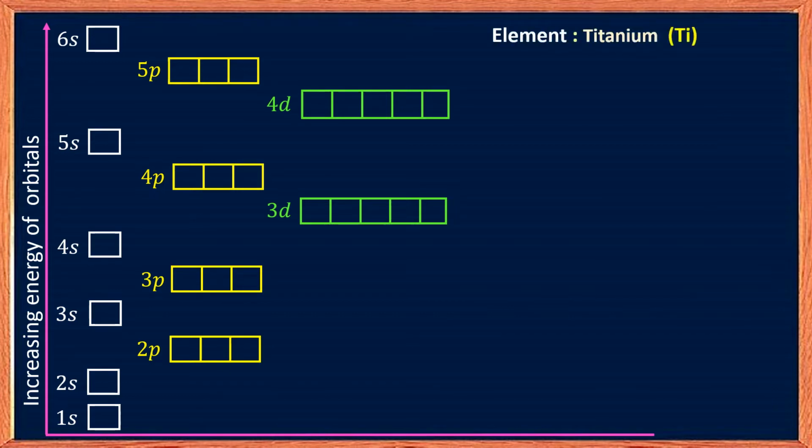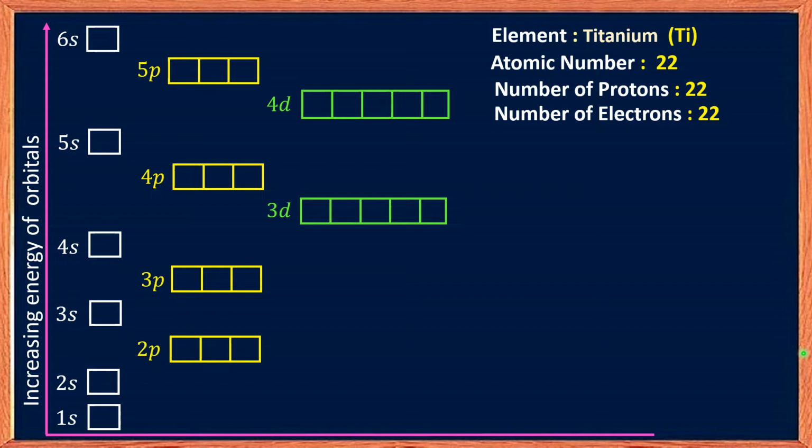The next element is titanium, Ti, atomic number 22. That means the nucleus of titanium contains 22 protons, and 22 electrons revolve around the nucleus in different shells.